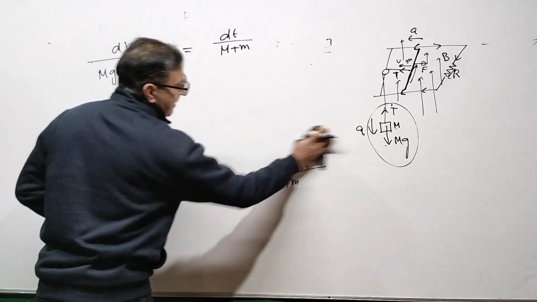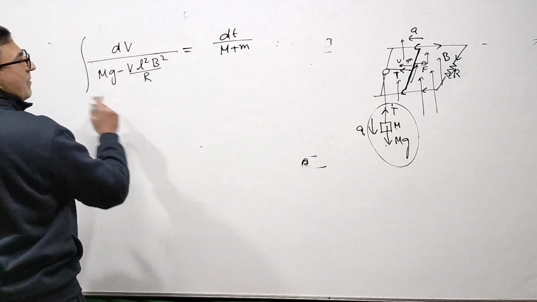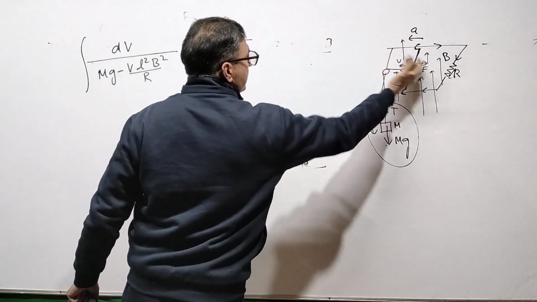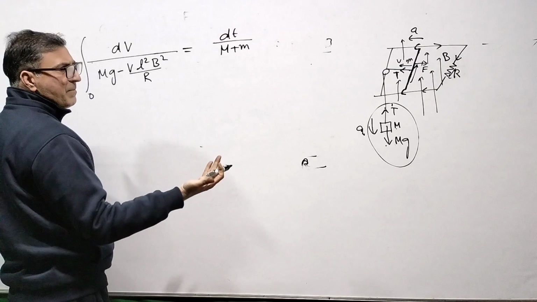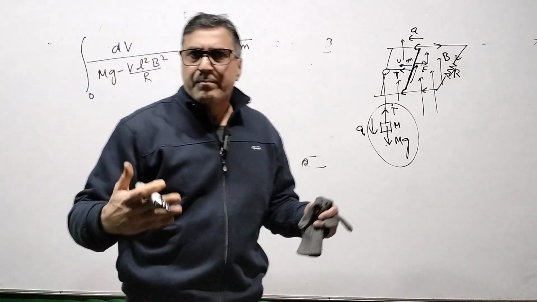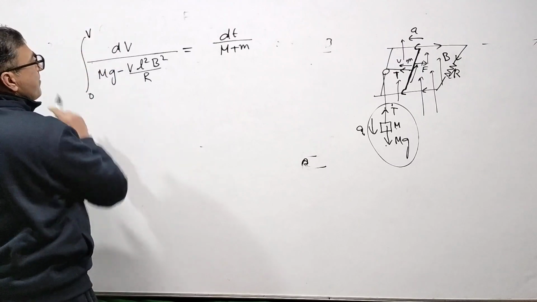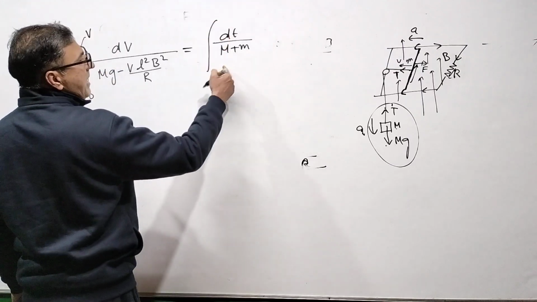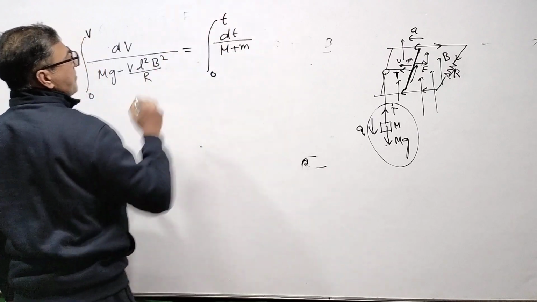We are integrating the equation from where to where? What was the initial velocity when the slider starts moving? That was 0. What is the velocity after some time, at some instantaneous time? Suppose v. What is the initial time, the starting time? That is 0. And what is the final time? That is any time, that is t.